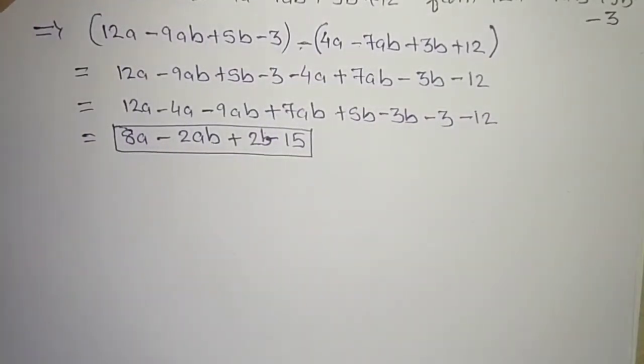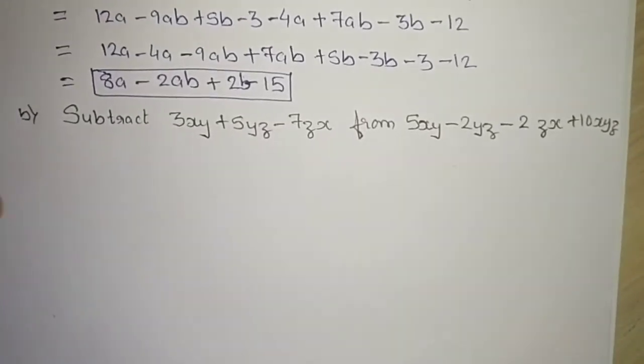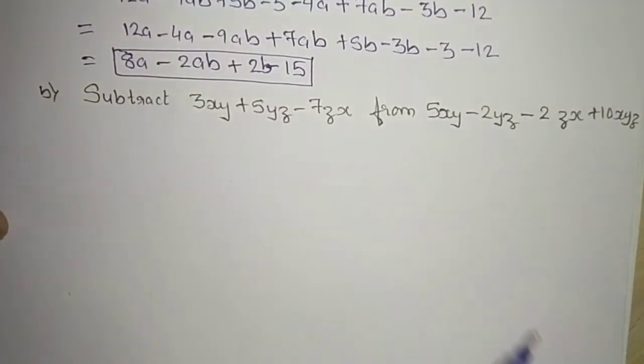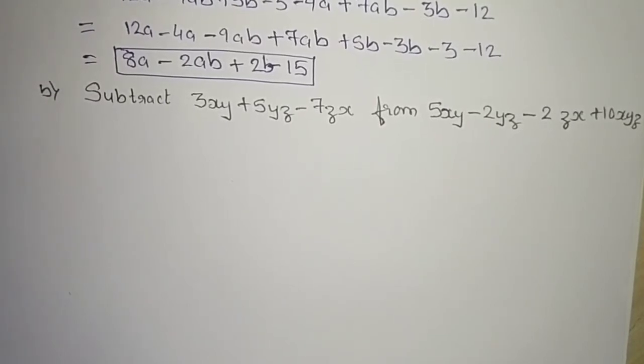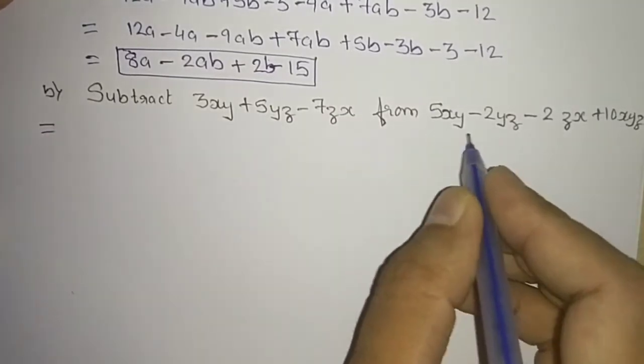Look, coming to part B. So part B says subtract, same as above, subtract one expression from the other. If they are telling us subtract one from other, that from expression will be our first expression, so we will write this one.